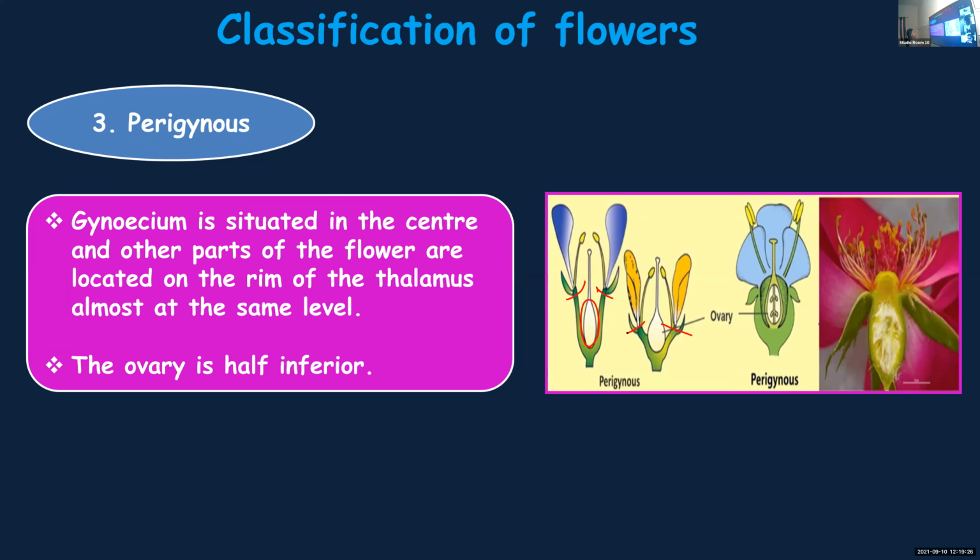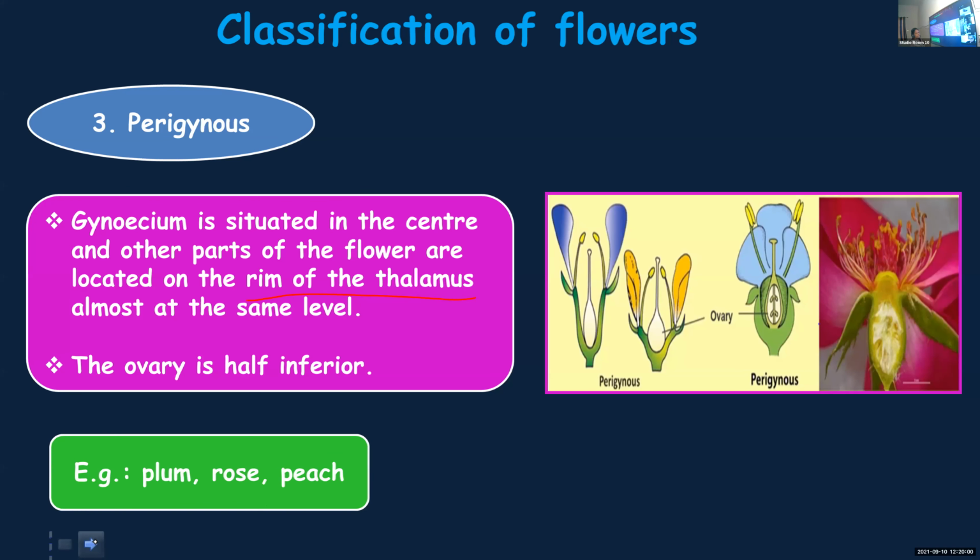Once again, in perigynous flowers, gynoecium is situated in the center. It is very clear from the figure. Where are the other parts located? On the rim of the thalamus, almost at the same level. And here the ovary is half inferior.